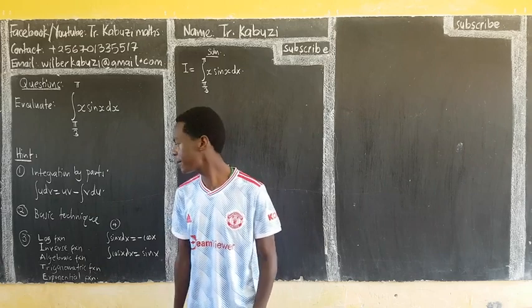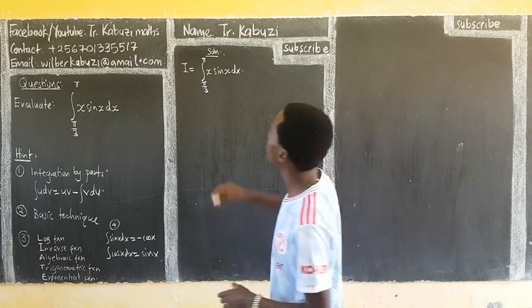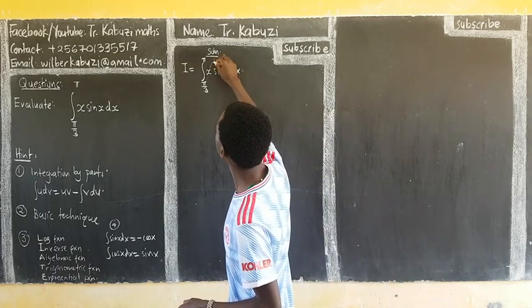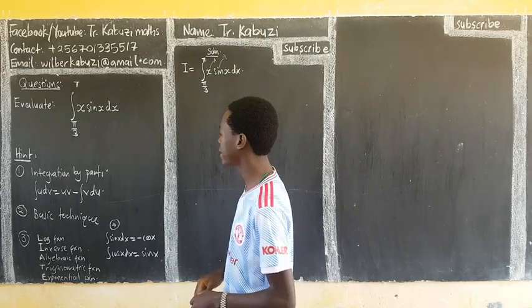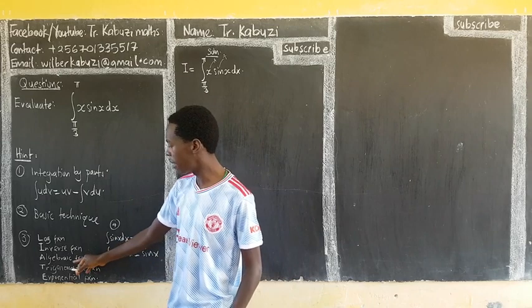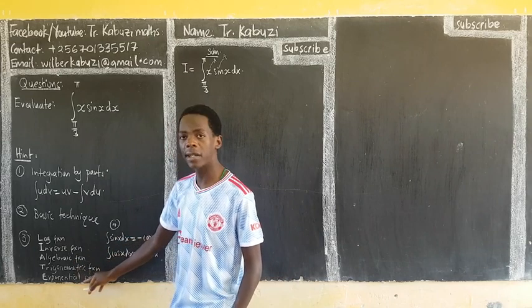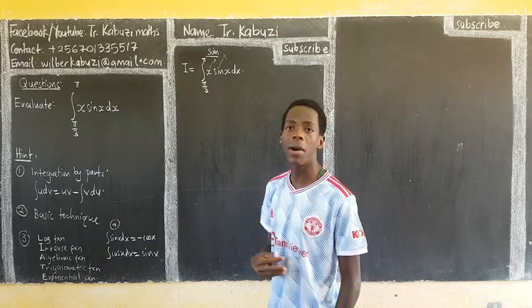As simple as that. So, you start here, we have two. This one is an algebraic function, and this is a trig function. And you see which one comes first. When you compare, you see that the algebraic function comes first before the trig function. So now this algebraic function, x, becomes our u.